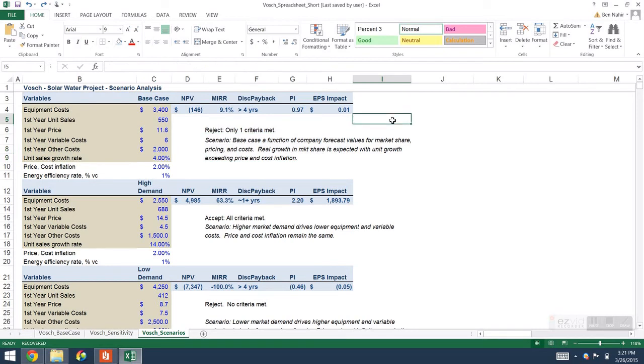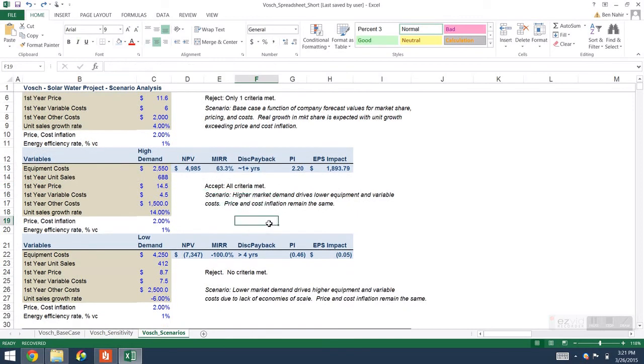By providing a scenario description, our reader can understand why we are considering the variables that we are, and maybe what that means in a real-world sense. So we have our different scenarios, again, labeled appropriately. Each one needs to have the results, the conclusion, and a description of the scenario.